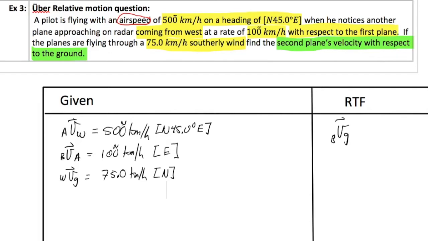So now what do we do? Well, the next step, of course, is we need to establish our vector equation, because the vector equation is going to inform us how we're going to draw the vector diagram. And then from the vector diagram, that will inform us on how we're going to solve the problem step by step. So don't try to go to the final part of the solution.